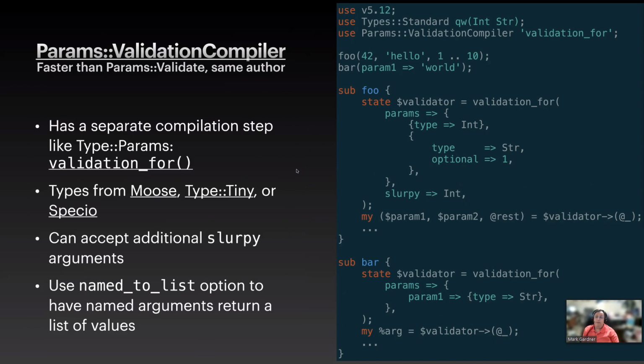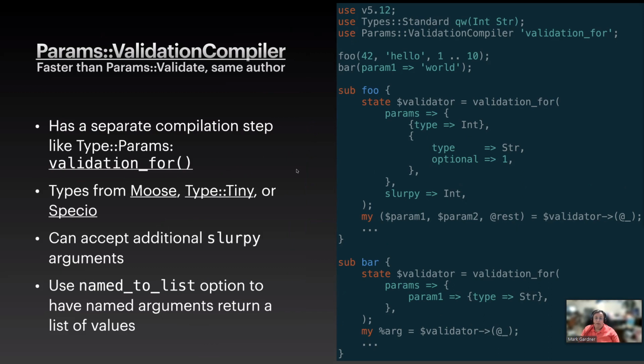The second parameter has to be a string, but it's optional, and the rest gets slurped in and has to validate as integers. And then when we call that validator code ref with @_ it returns all of those values validated for you.